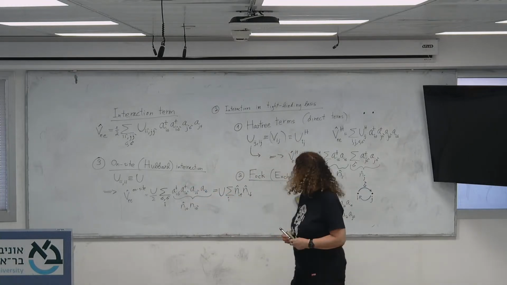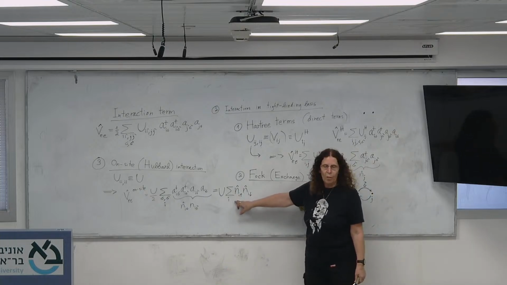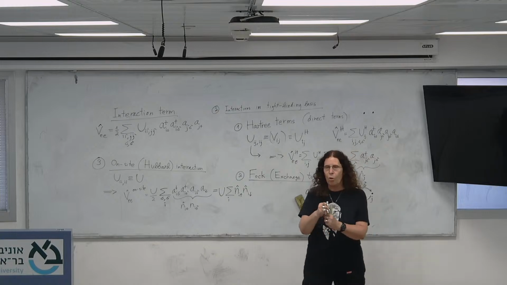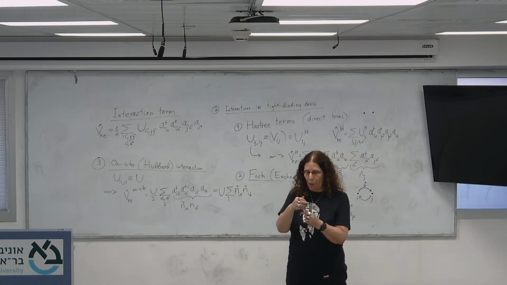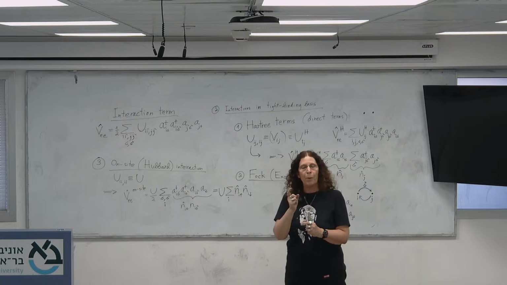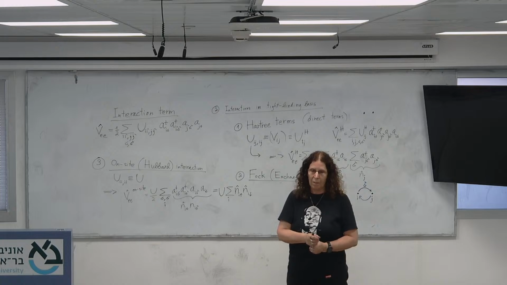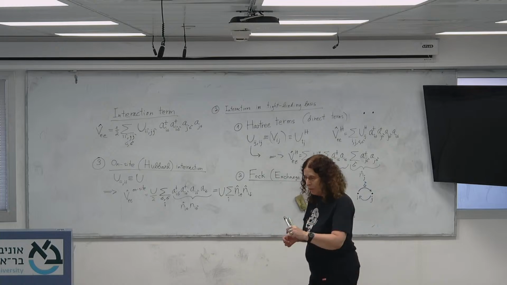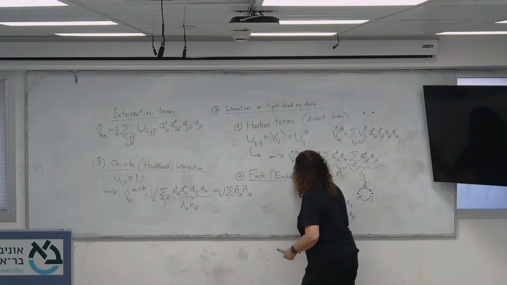Okay? So this is the on-site interaction, and you can think of it as just a contact interaction between 2 electrons that have opposite spins, otherwise it's not allowed, and they sit on the same lattice site. Okay? Just a minute, and lastly, this is just a notation.